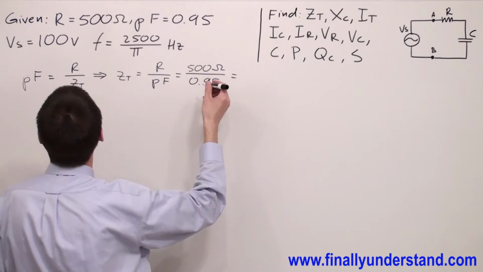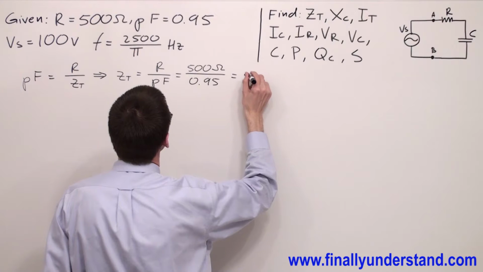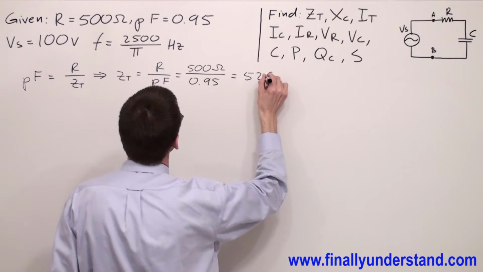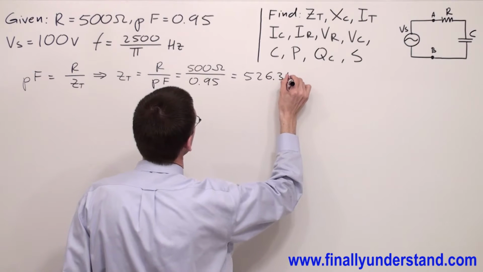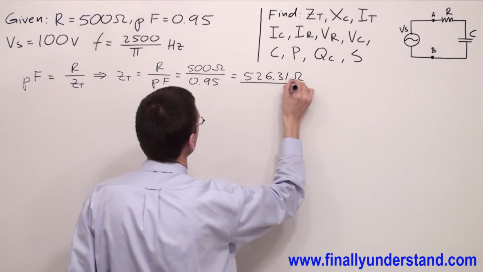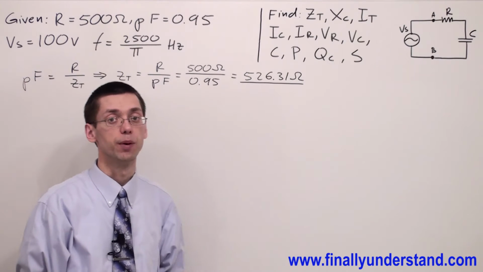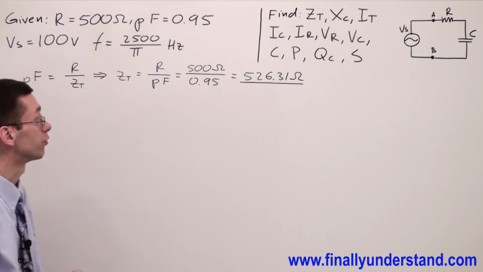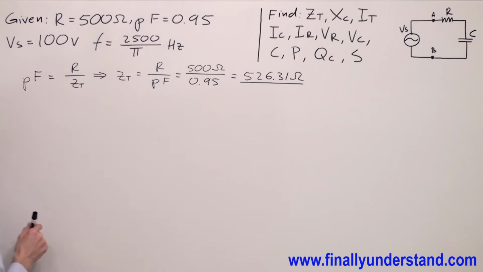Perform the division, you're supposed to get the value of 526.31 ohms. This is the impedance. But if we want to find the full impedance, we're supposed to find the angle.